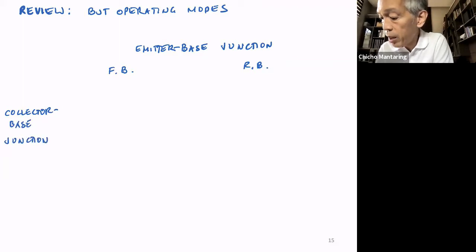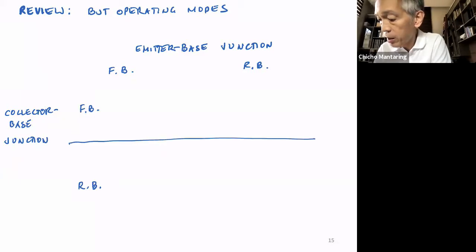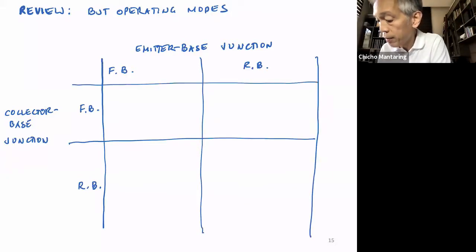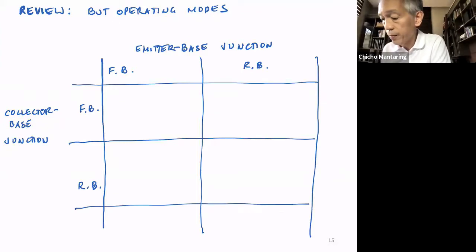That can either be forward biased or reverse biased. So we actually have 4 possible combinations, and we discussed this last time. So these are our 4 possible combinations.